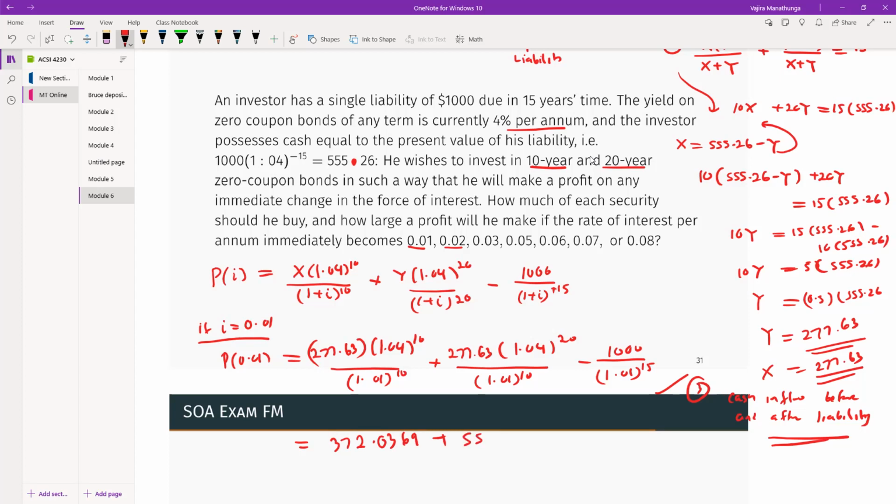This one is 550.7055. So let's add these numbers and see the difference.